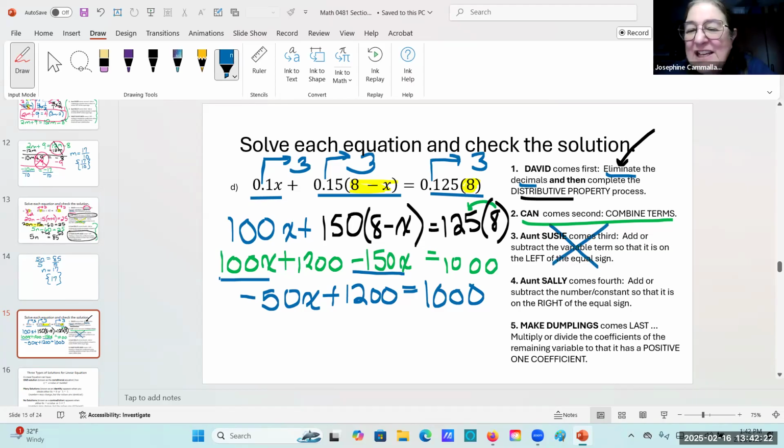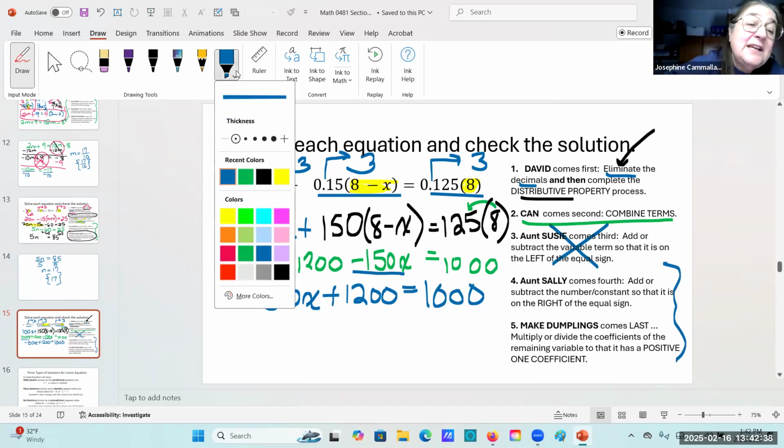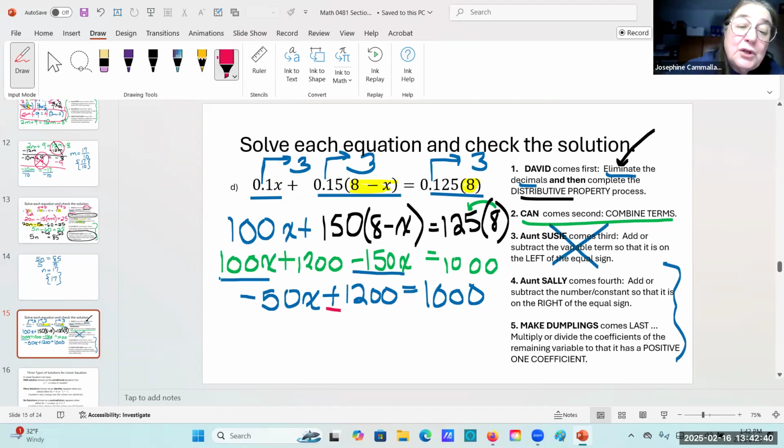I don't have anything to combine, but I put it there just to confirm with you. I have only one variable. I have a number. I'm going to finish this by subtracting 1,200 from both sides.